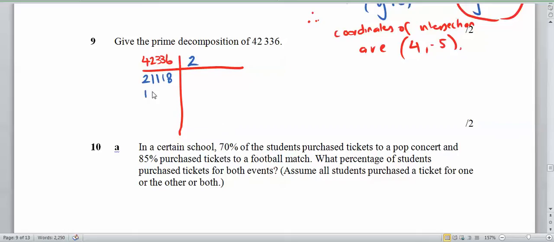Now, what do we do? We can't divide it by 2 now.